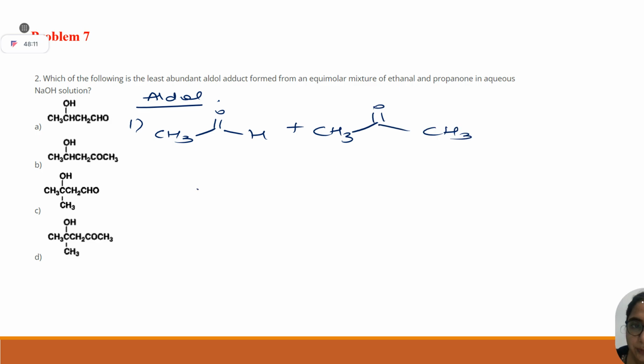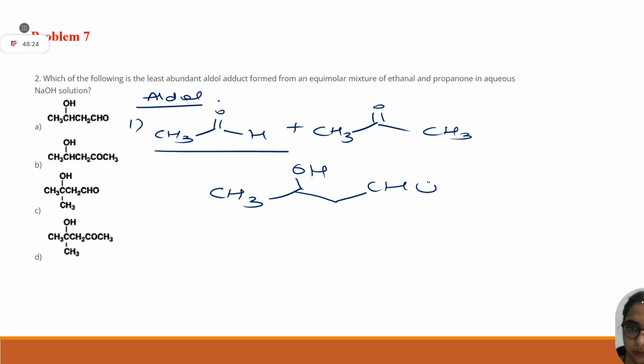So there are four possible products. One possible is this, from the self aldol reaction between ethanal.